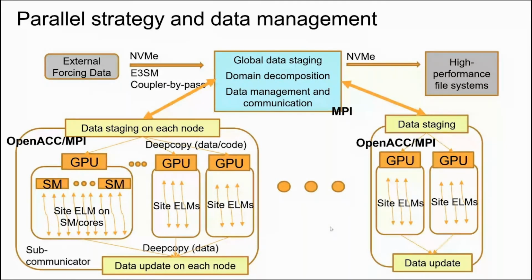And then at the CPU level, we're doing all of the inputs and outputs and staging data to the GPUs and staging data back off the GPUs to do, for example, history writes, restart writes, and reading of the input data sets. This particular slide indicates this NVMe, which is something that we're currently exploring, the use of the non-volatile memory component of Summit in order to speed up the import of the data sets.